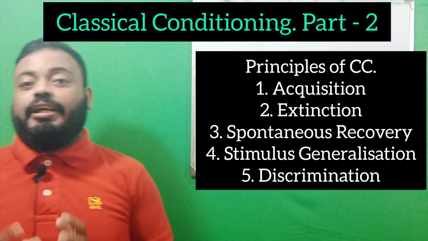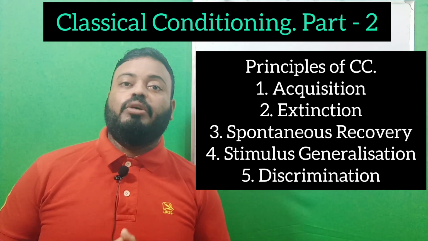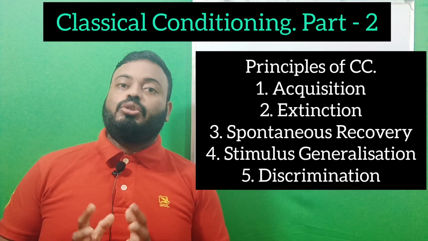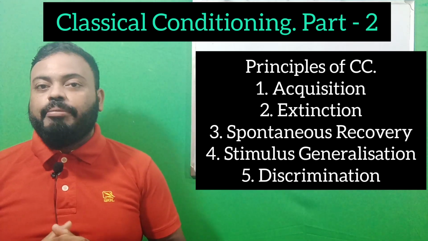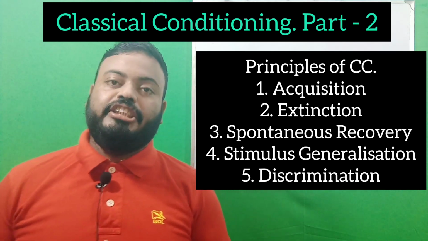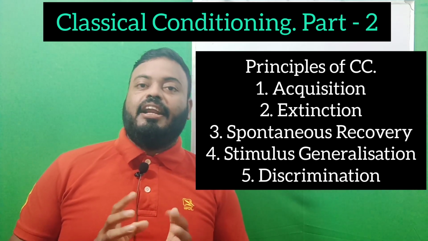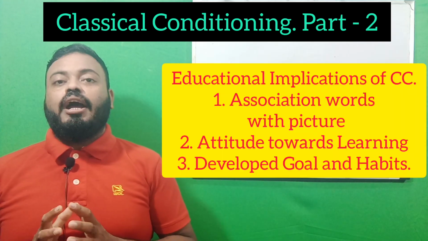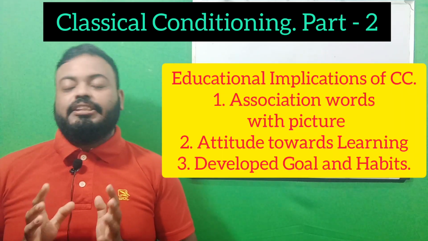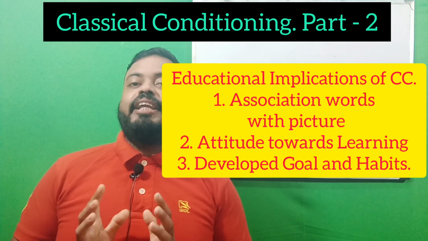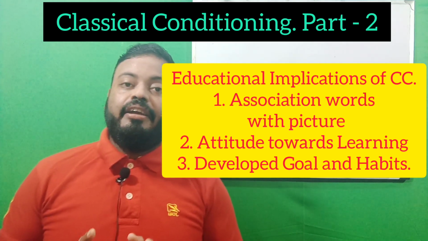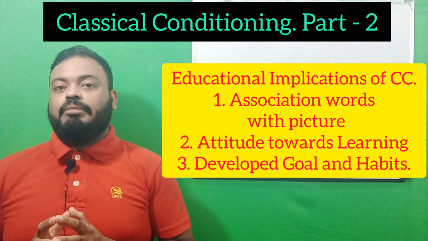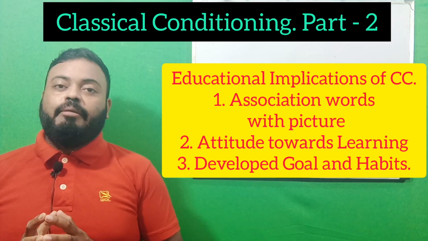Number two is developing favorable attitudes towards learning, teachers, subjects and schools. Next is developing good habits in children, like cleanliness and punctuality. And lastly, breaking bad habits and their elimination. So those are the educational implications of classical conditioning.